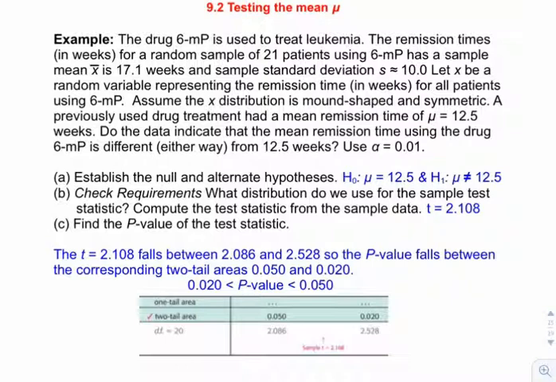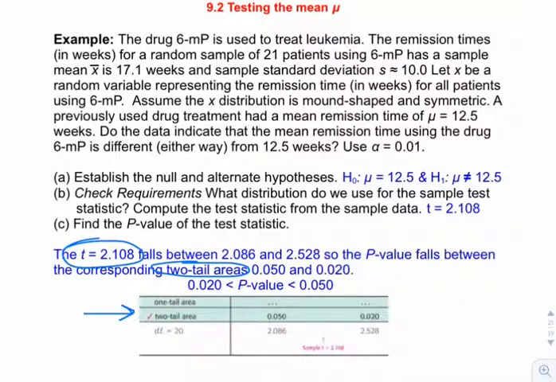So let's look at this example at the bottom here. This is a little piece of the t-table. There's going to be a separate video on how to use the t-table in this context. That's the third video. Let's look right here. We had t is 2.108. We had that it was a two-tailed test, so we're going to look at the green row. There are 3 green rows at the top of your table.